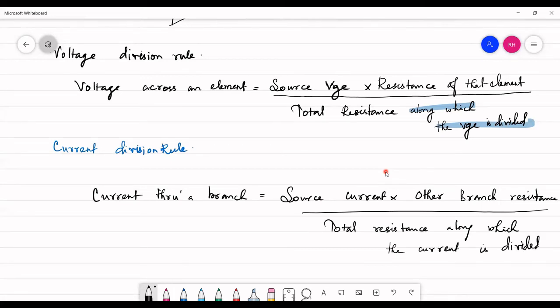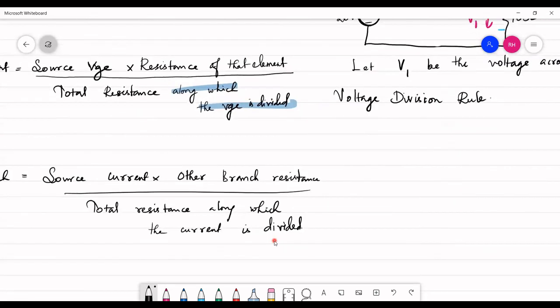Okay, so this is current division rule. So we are going to apply these two rules.